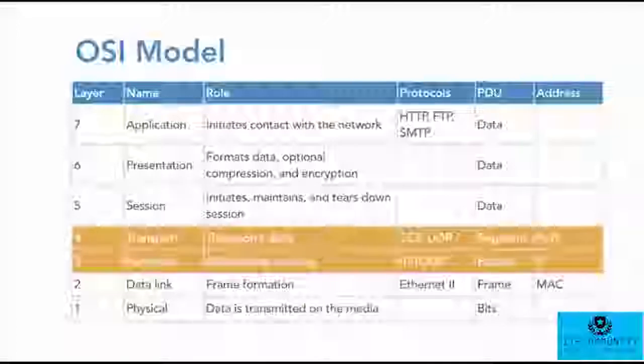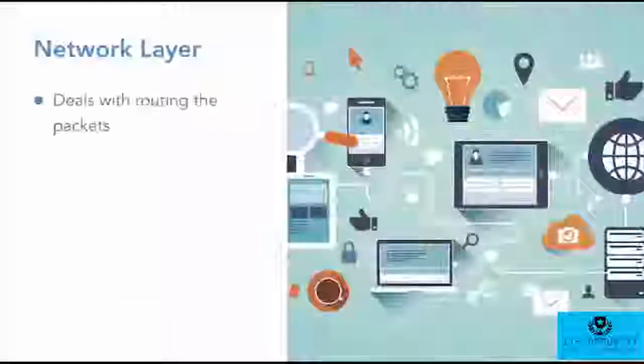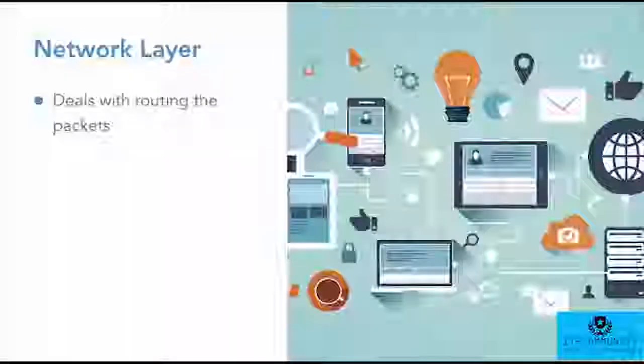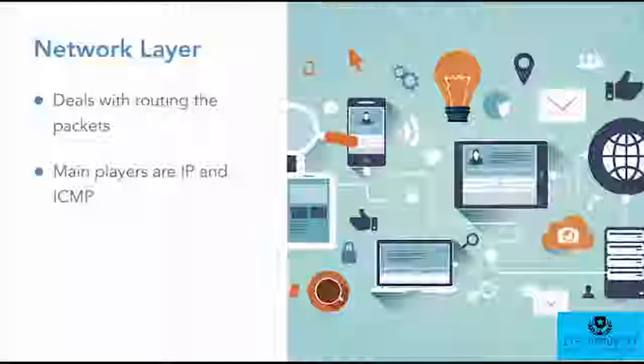Other protocols will ride on top of the TCP/IP suite, such as HTTP, FTP, and SMTP. The network layer deals with routing the packets from the source to its destination. The main players in the network layer are IP and ICMP.